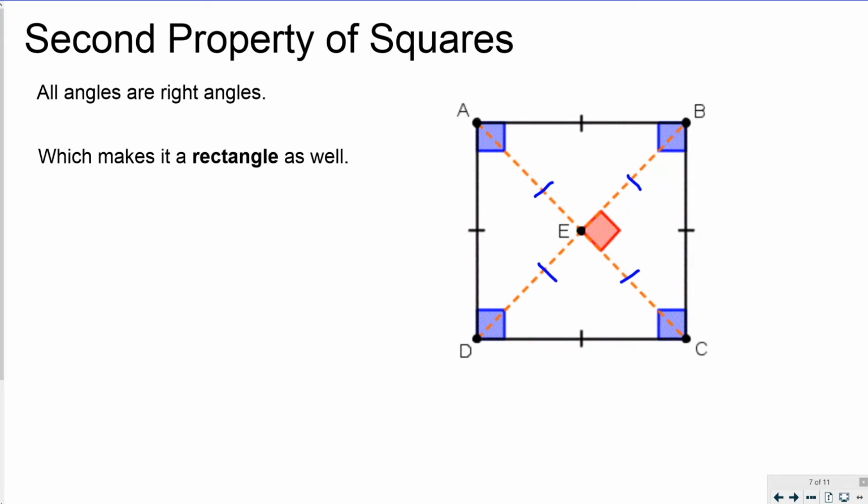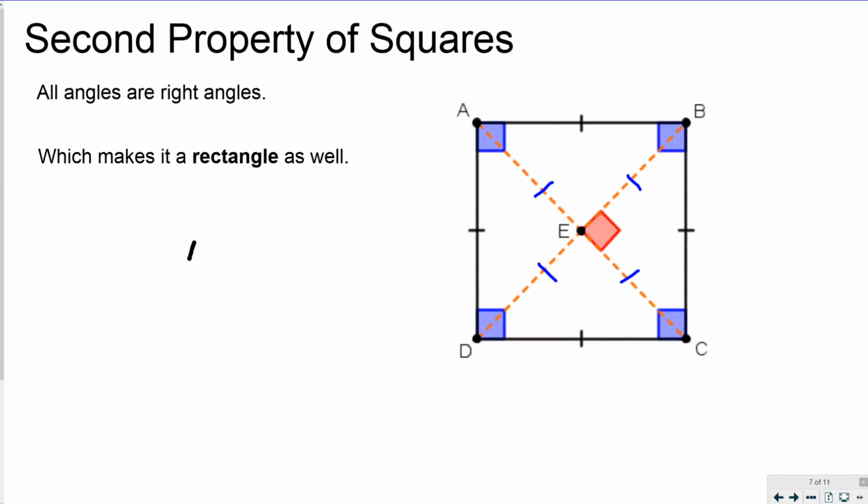The second property of squares is that all angles are right angles, which makes it a rectangle as well. And that property, because it's a rectangle as well, means that these small diagonals and the diagonals that go completely across the shape are congruent.